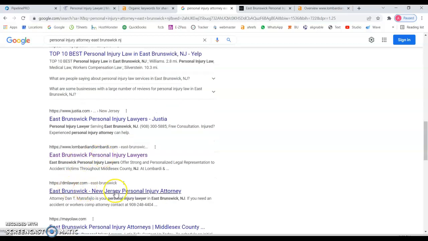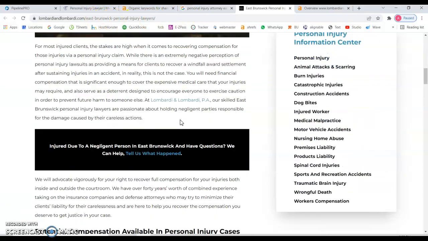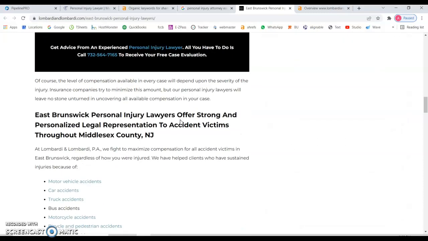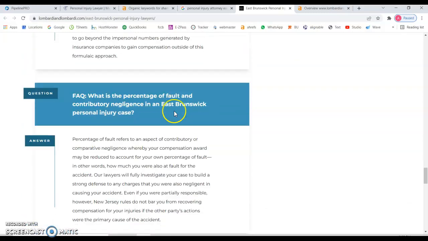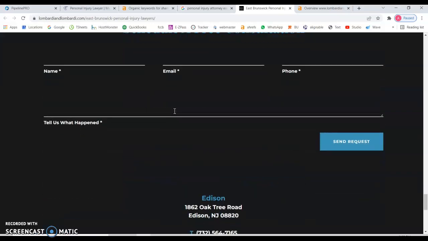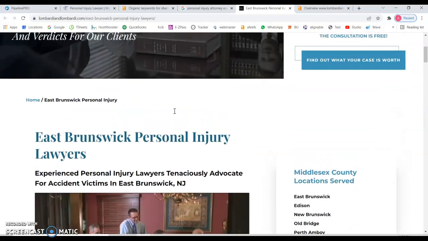Your direct competition would be Lombardi. And we can see that they have a dedicated page for this specific keyword, and you can see here that they have content, more text content, more text content. So they have quite a lot going on here, and that's probably why they're ranking in that position.